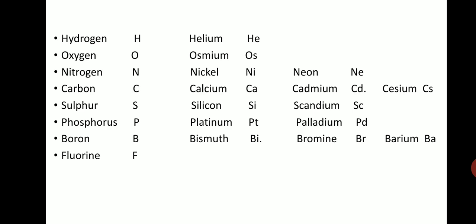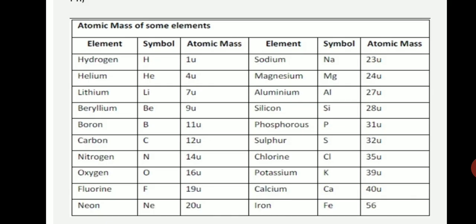In some cases we use the Latin names of the elements. In Latin names also we use the first letter or second letter of their name. We will study that in the next class.